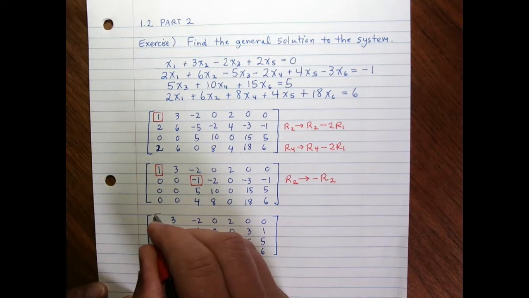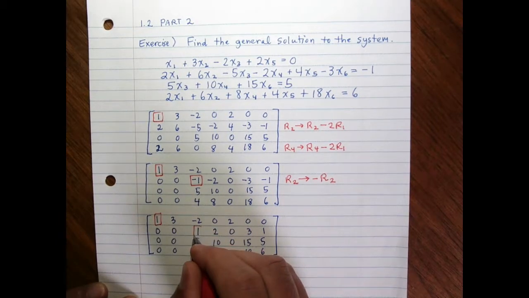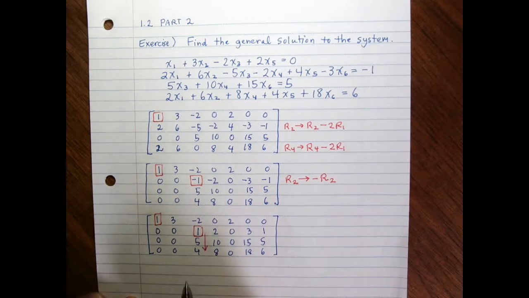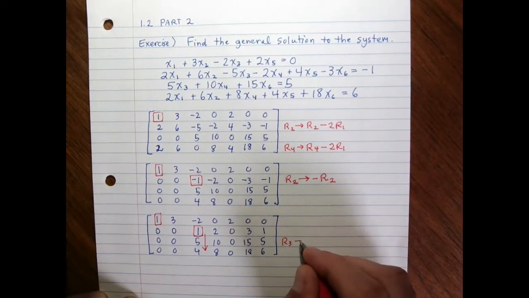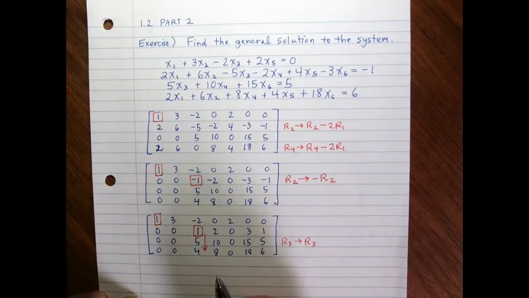So I have my pivot position here, pivot position here. Below the 1 now, I'm looking down below the 1. I want zeros below in this third column, so I want the 5 to change to a 0 and the 4 to change to a 0. So I will change row 3 to row 3.